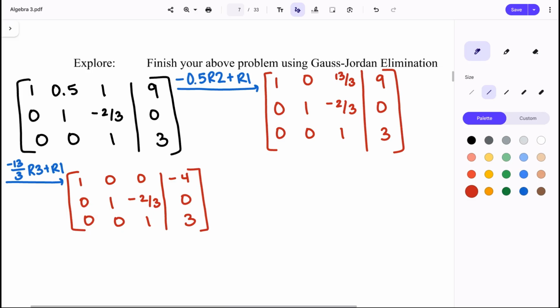Let's make sure that these fractions are right. Can I see your calculator once more, Adam? Ours are sharp. Yep.